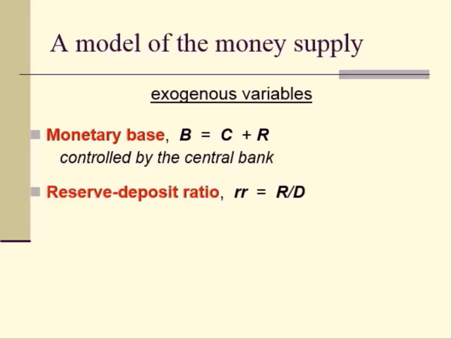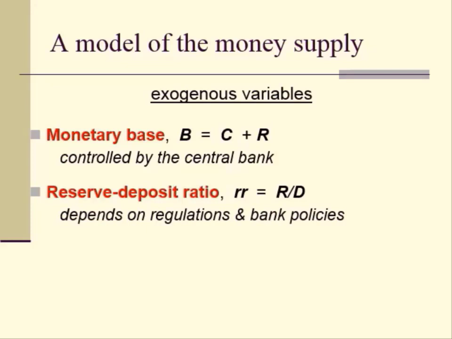The second exogenous variable is the reserve deposit ratio. Let's denote it as lowercase rr, and that should be equal to reserves over deposits, which means the fraction of reserves as a share of demand deposits. So this reserve deposit ratio depends on, first, regulations, and second, banks' policies.